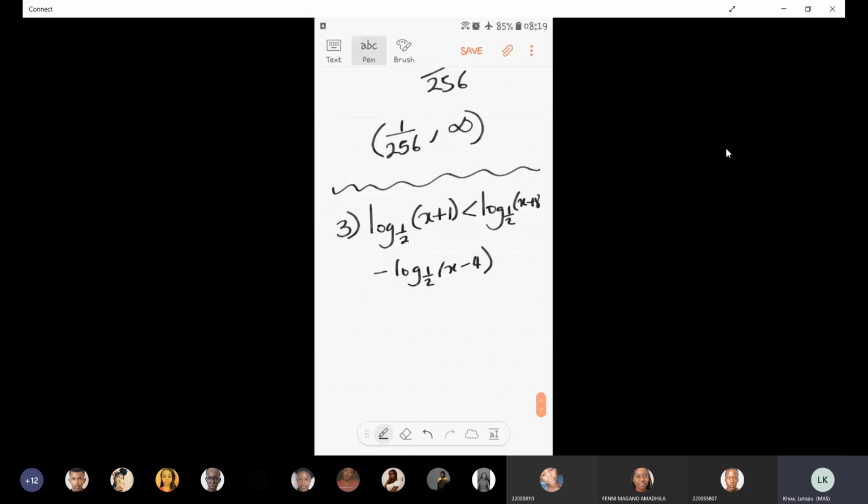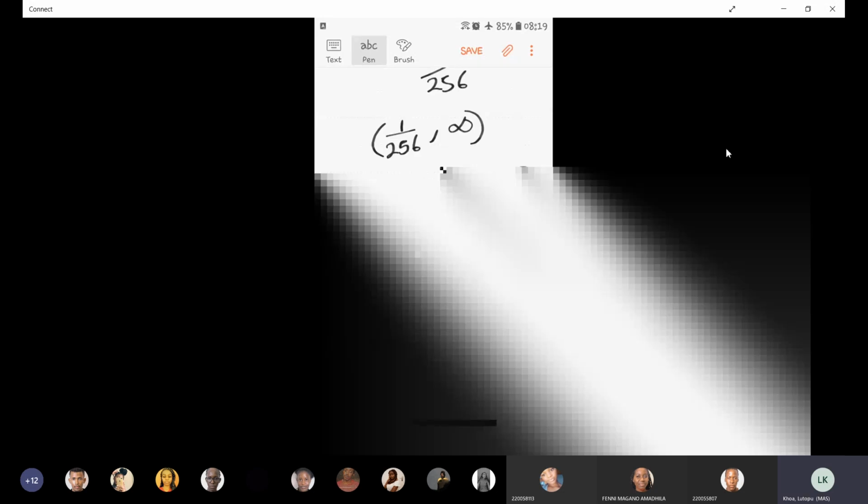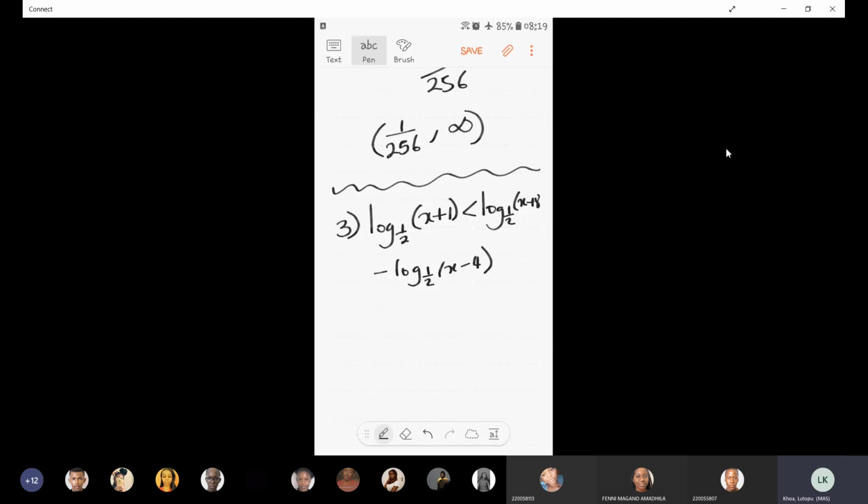Okay, now this one is a little bit different, but we have to apply the same principle in that I need to compare only 2 logarithms. I should have one on either side. So on the right hand side I have 2 logarithms, so I need to combine them. I cannot have 2 logarithms.